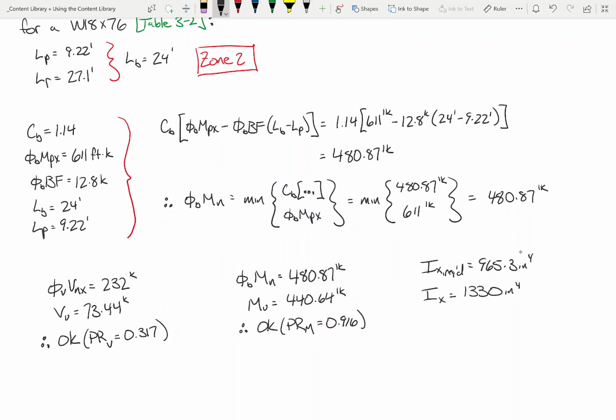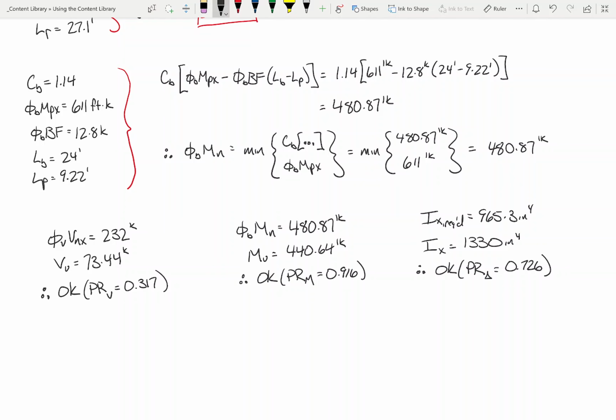So one thing you can do, if you want your performance ratio for deflection, is compute the deflection and then divide it by 0.8, or you could just divide these two. It'll give you the same answer. So I'll just say this is okay. And our deflection performance ratio is something like 0.726.